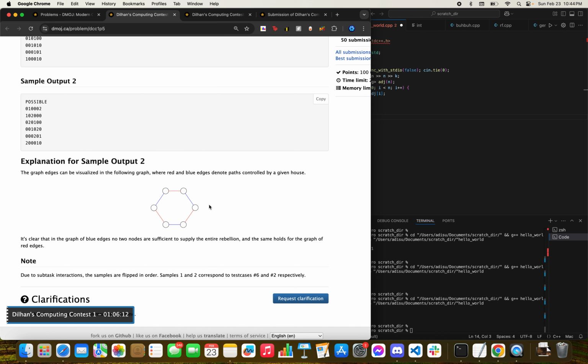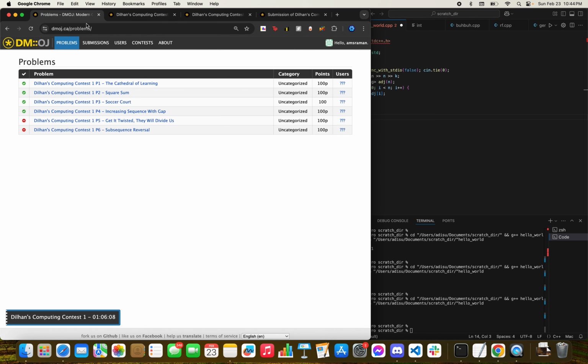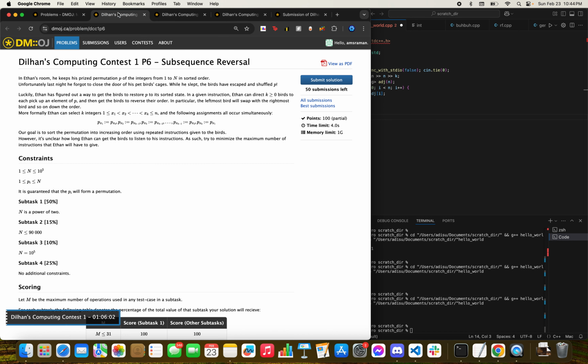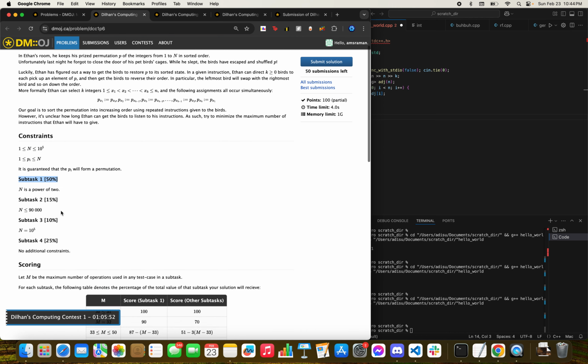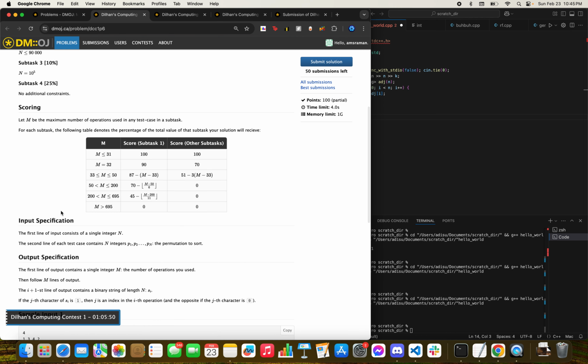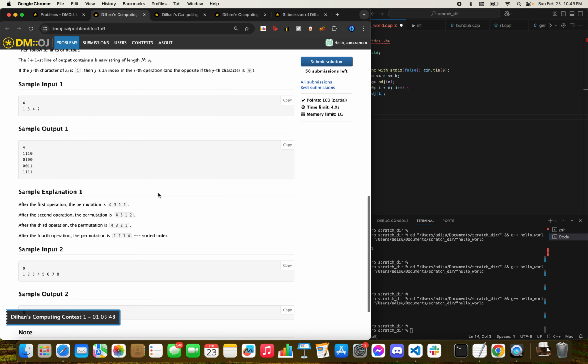This is a very interesting problem, I must say. It's very interesting. Is P6 worth looking at? I have a feeling it's not. Okay, yeah. The only subtask is 50%. And what even is this problem? Oh, is it like an interactive? It's not an interactive, it's a constructive.